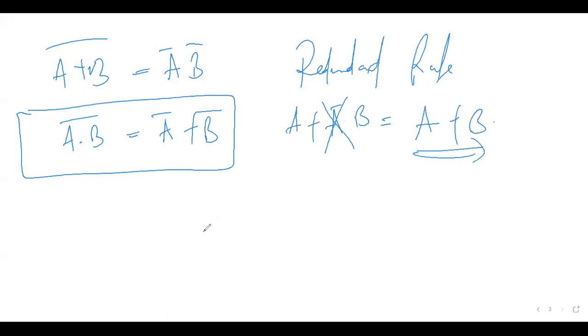I repeat, practice, draw truth tables for A plus A bar B, draw truth tables for A plus B. See if it's the same. And if it is the same, then this proves the point of this equal sign.